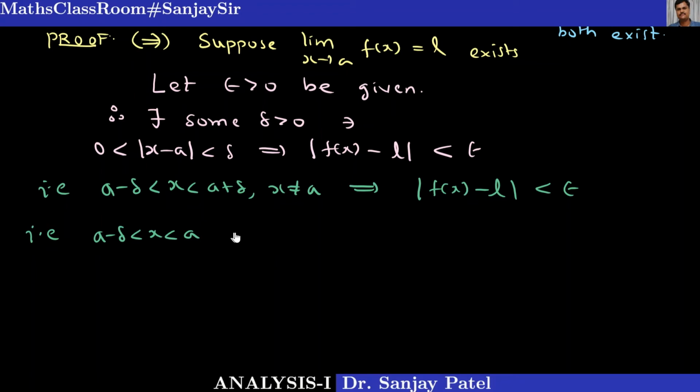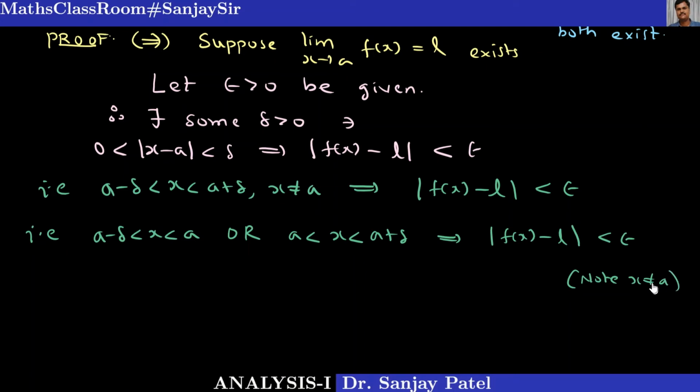Either x is here or x is on the right hand side of a. Note that x is not equal to a. This last statement says that whether x satisfies this condition or that condition, mod of f(x) minus L is always less than epsilon.